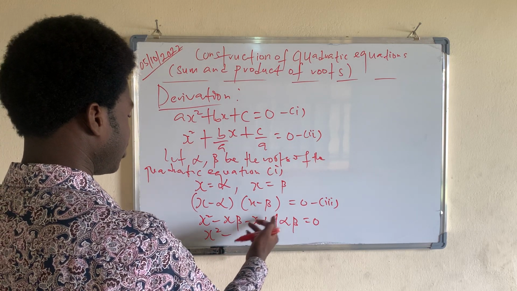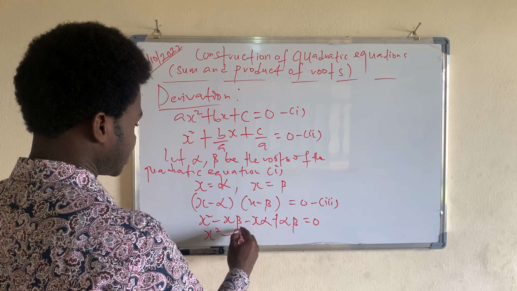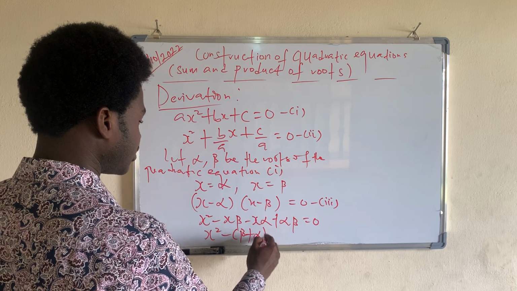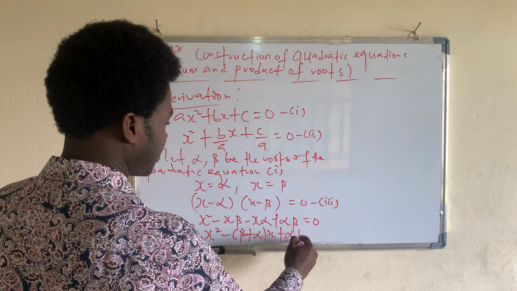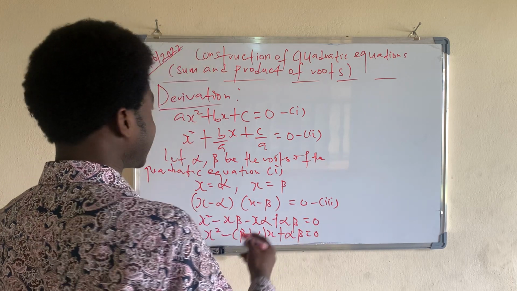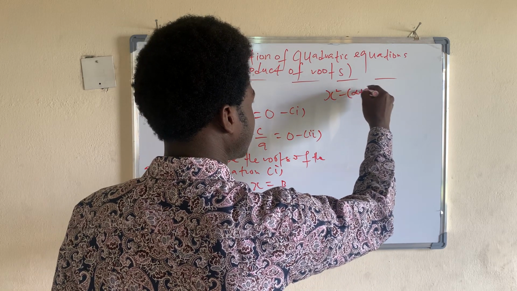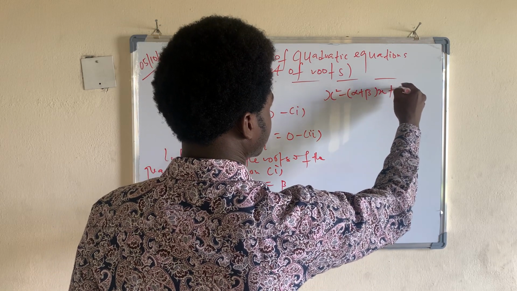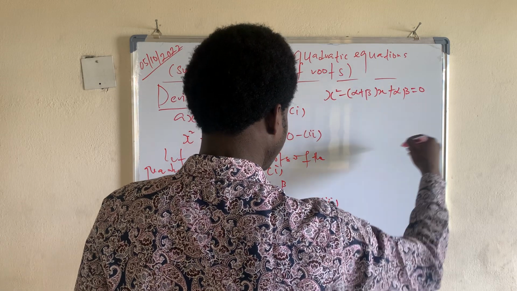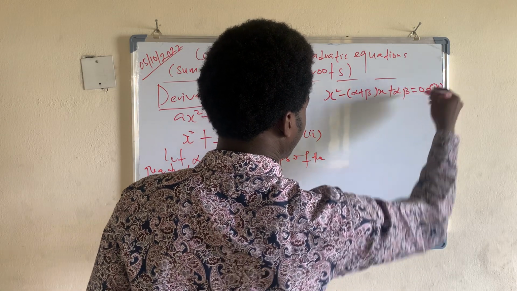Then I have beta plus alpha, which is the same thing as alpha plus beta. So I can write this as x squared minus (alpha plus beta) x plus alpha beta equal to 0. Let me call this equation 4.